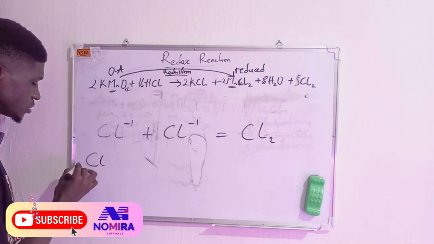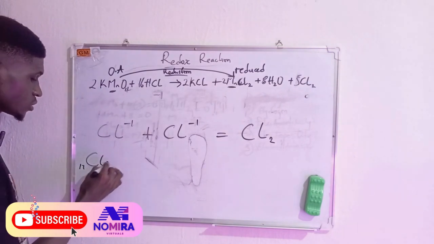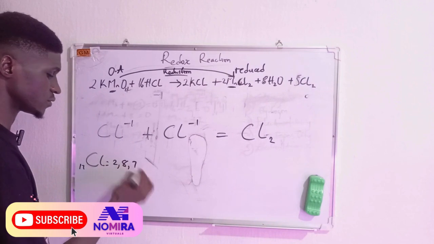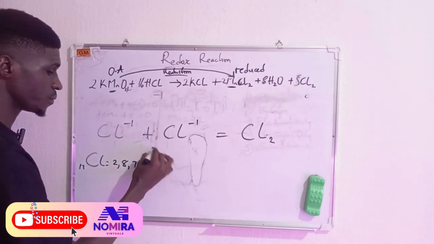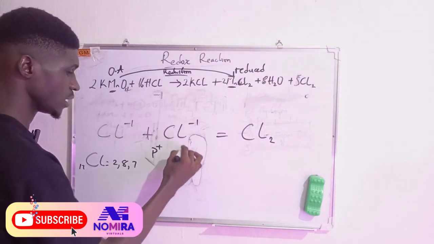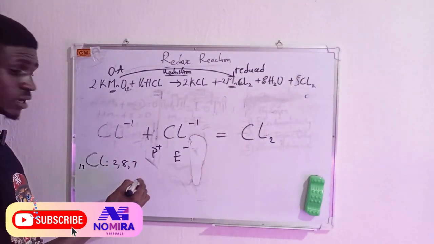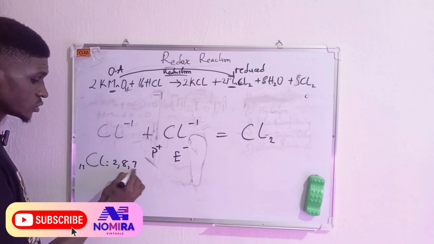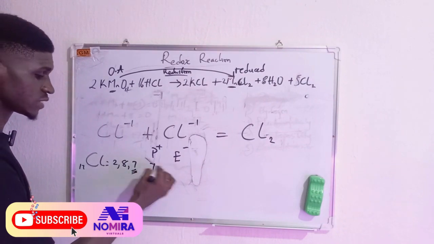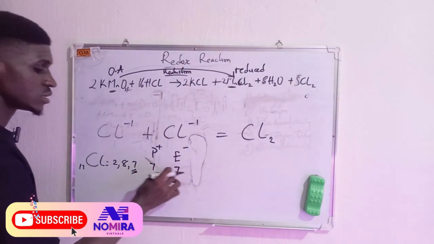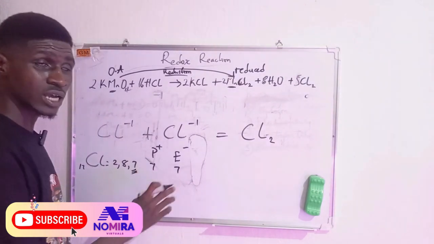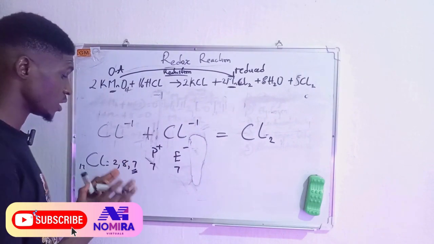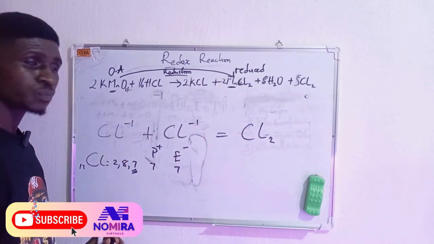Chlorine is 17, which is what? 2, 8, and 7. Okay. For protons and electrons, when it is still electrically neutral, we are going to be using the valence electron, which is 7 and 7. At this point, both the proton and the electron are still equal because they are electrically neutral.